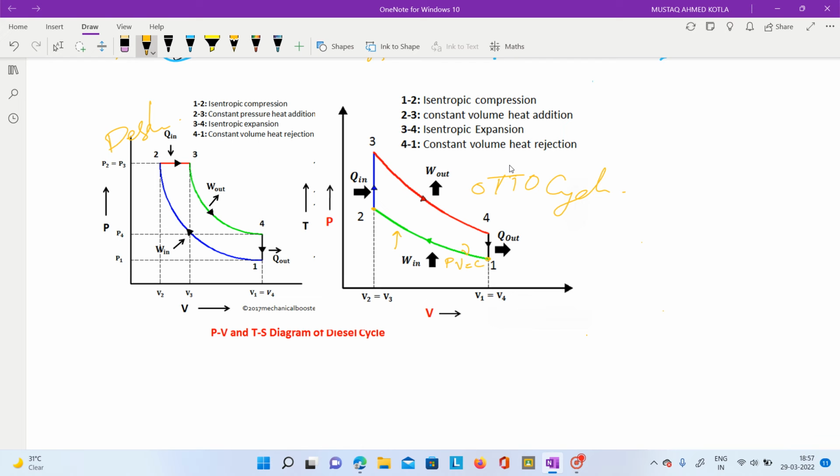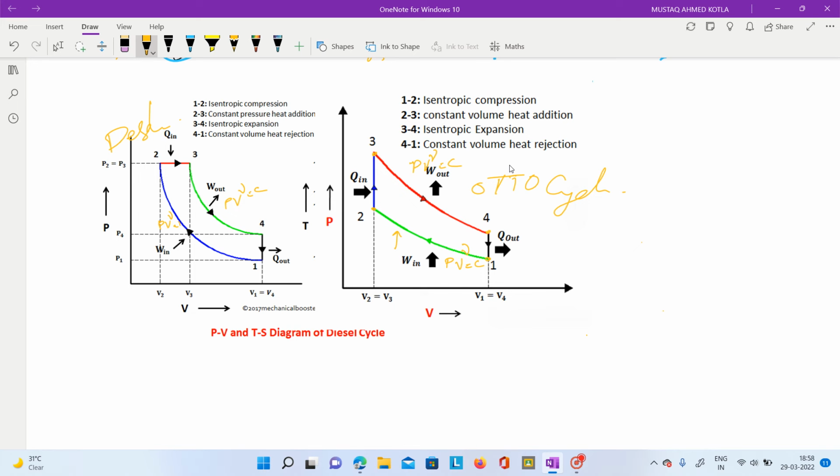And from 3 to 4 the work is coming out, so here also PV^gamma equals constant. First step we have to do this. In the diesel cycle also, PV^gamma equals constant, since work is going out.